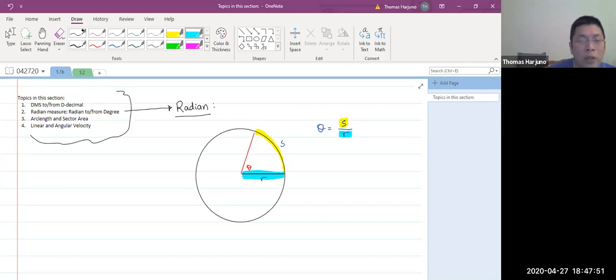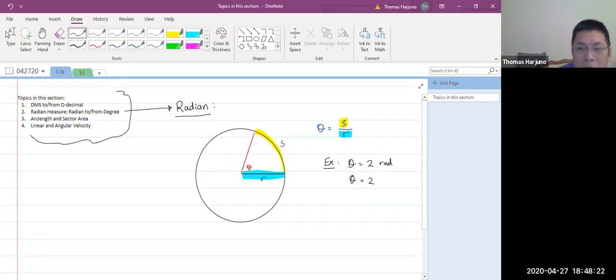So when we say, for example, theta equals 2 radians, or sometimes we just say theta equals 2, why don't we need to write radian? Because theta, the angle in radians, is the ratio of 2 lengths, such that the units cancel.